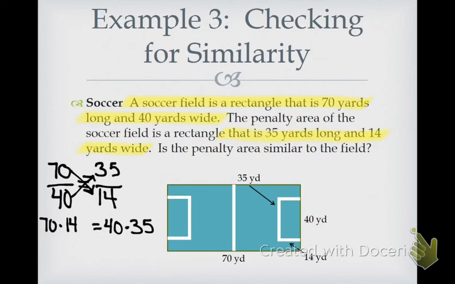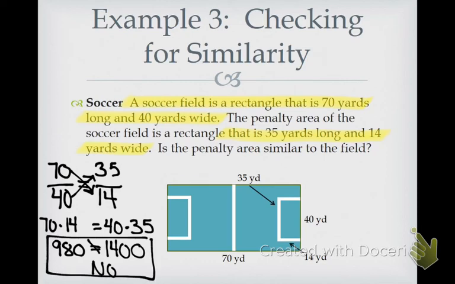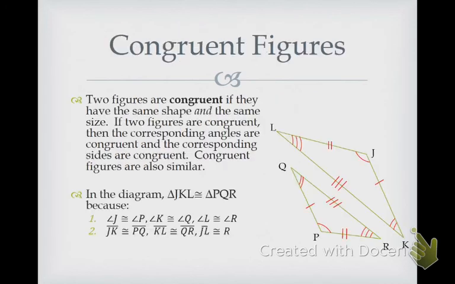What's 70 times 14? 980. And what is 40 times 35? 1400. Do they equal? Nope, it's not similar. Any questions? Okay, very good.